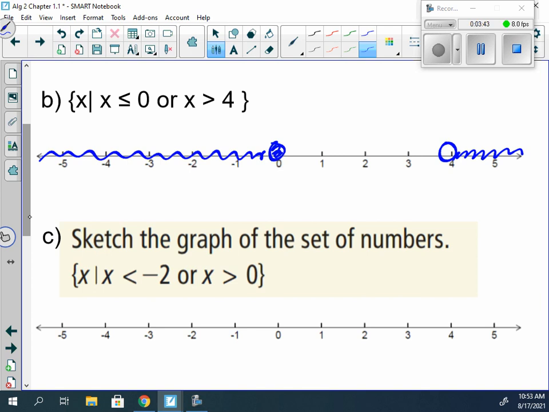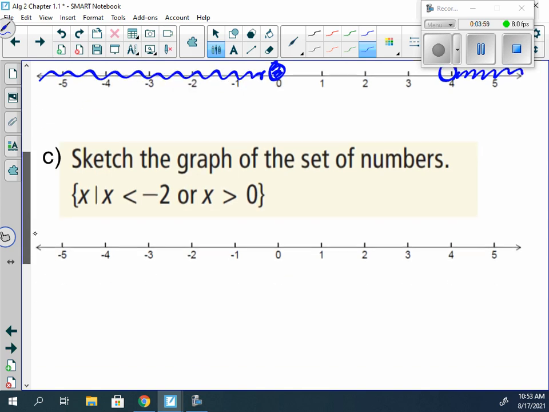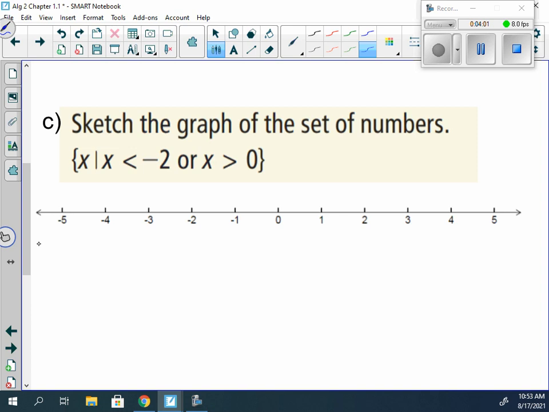And that's it. That's all we have to do for this here. Now, because it is an or statement, we can graph both of them at the same time because with or, either one works. Or it could be both. We won't have to worry too much about and statements where we have to worry about overlap and what is included and what would not be included. So we'll have to worry about that at a later date.